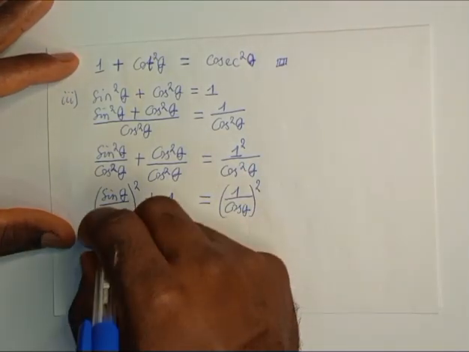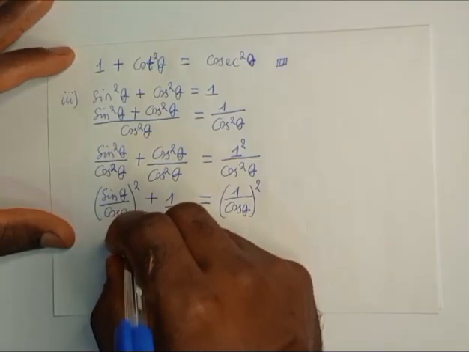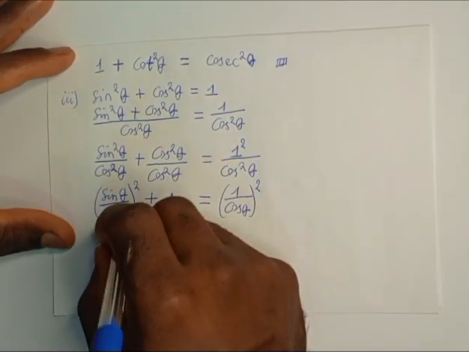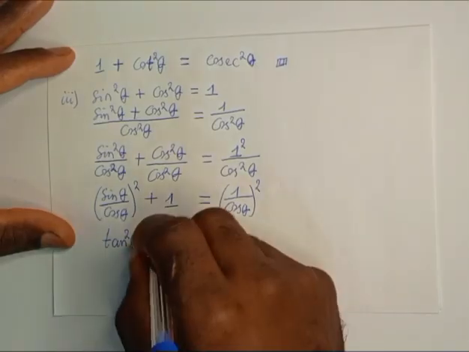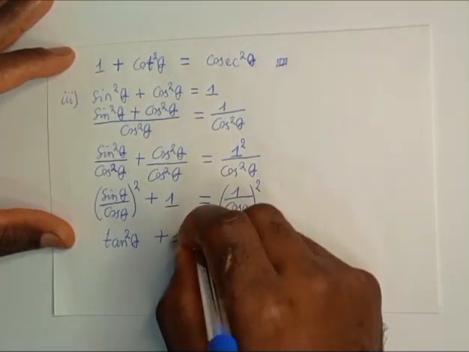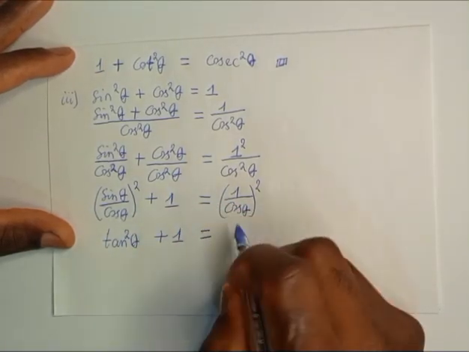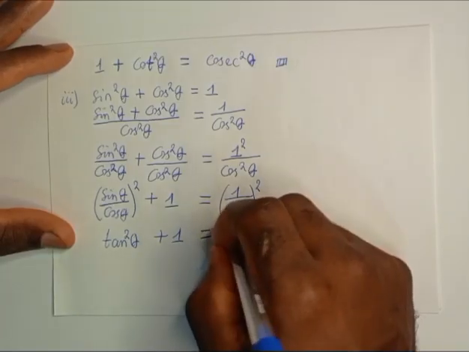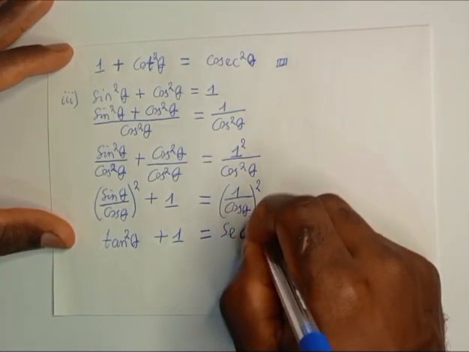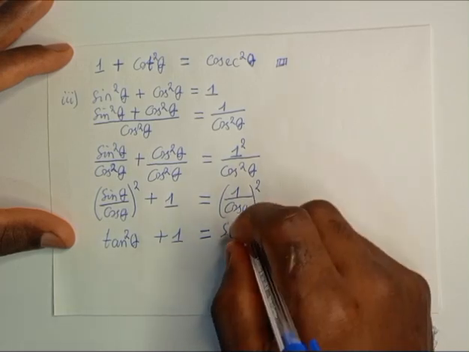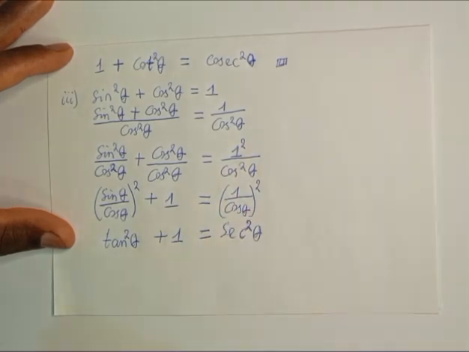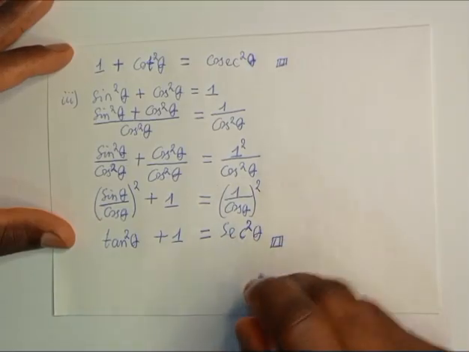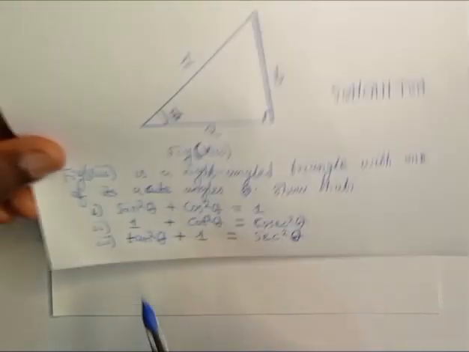Sin over cos gives us tan, squared. This will give us tan²θ plus 1 is equal to 1 all over cos, which gives us sec, squared. This will give us sec²θ, which is what we are to show for 3(i).